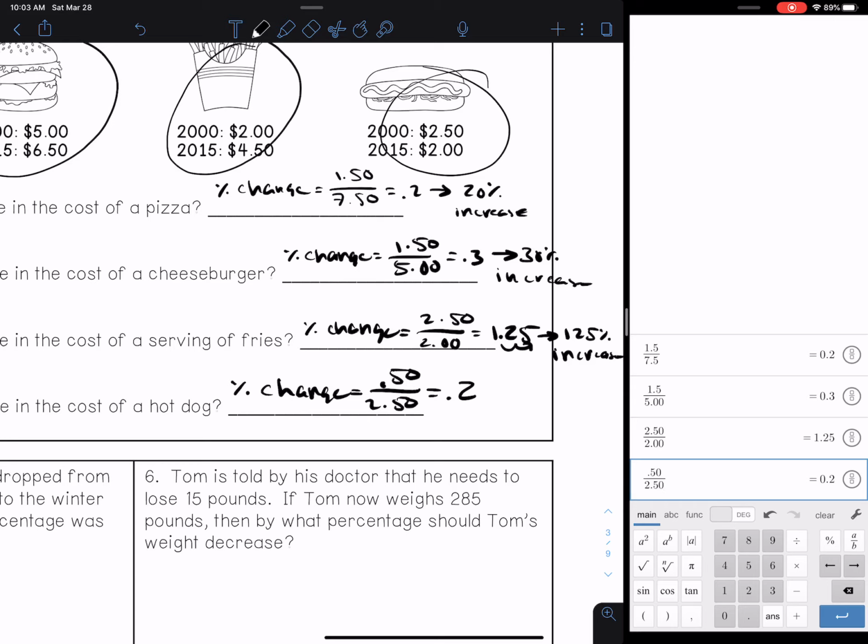How do you write this as a percentage? That's 0.20, so it's going to be 20%. Is this an increase or a decrease? The price went down, so that's a 20% decrease, which is why I was saying I don't know how I feel about that, because did the quality go down? Why is it cheaper now? I still love hot dogs.